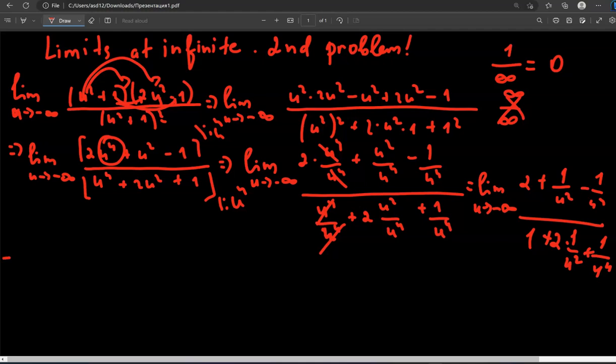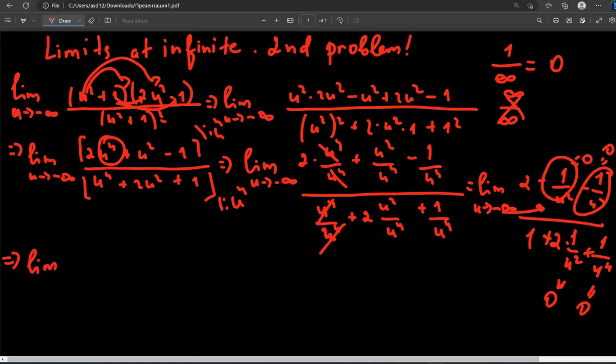Now our task is to put in our values. If you put minus infinity into each u, what do we have? Automatically this is equal to 0, this part as well is equal to 0, and this is equal to 0, and this part is equal to 0.